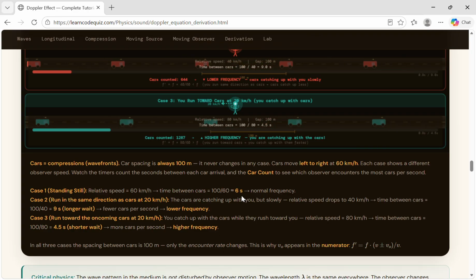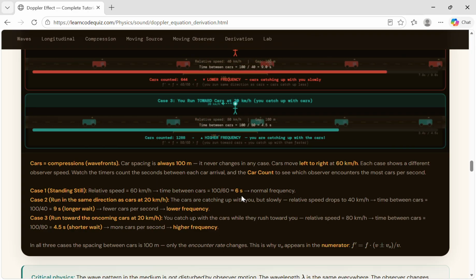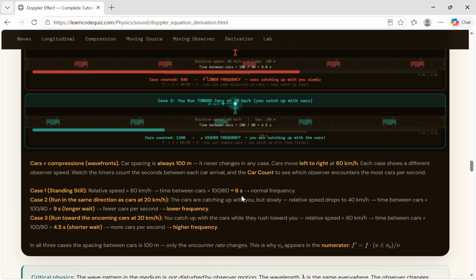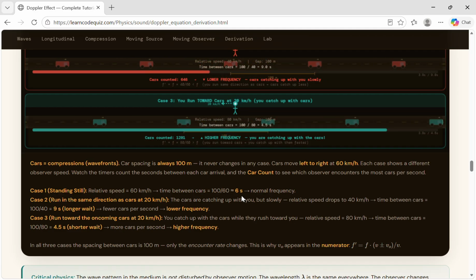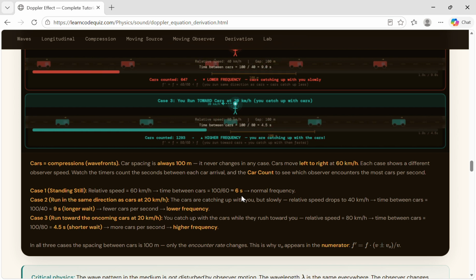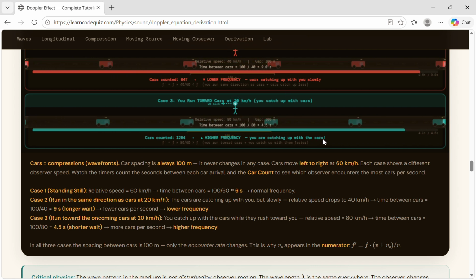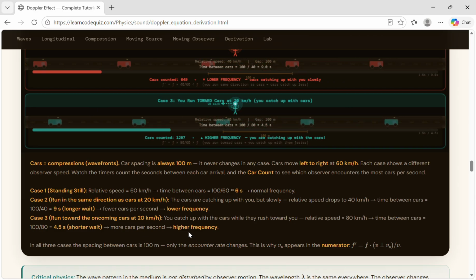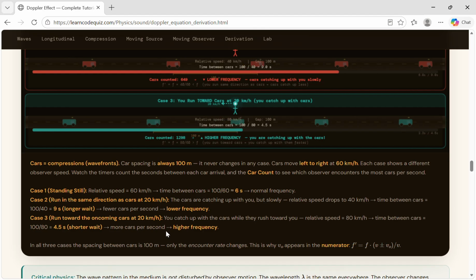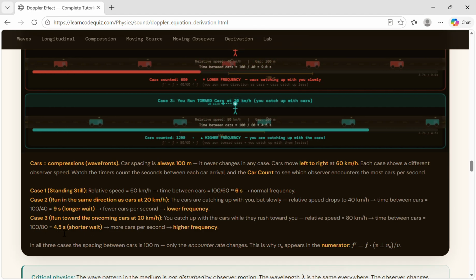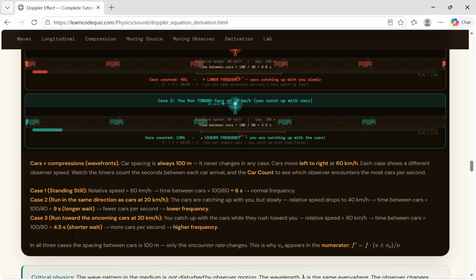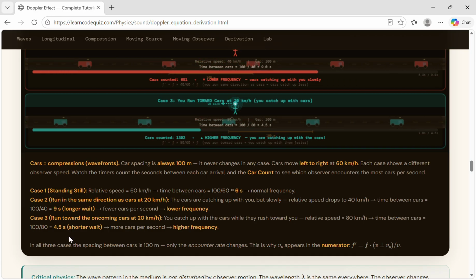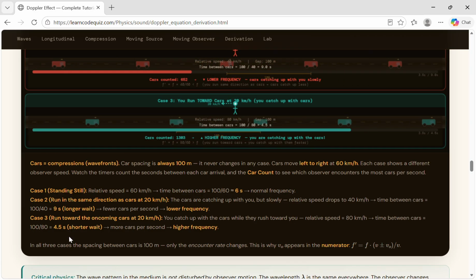Now, if you are moving towards the source, going from right to left, third situation, then the time at which you see a car is going to go down to 4.5 seconds.